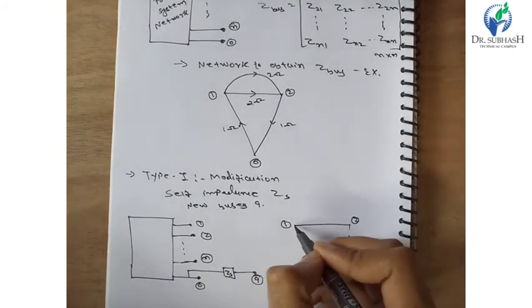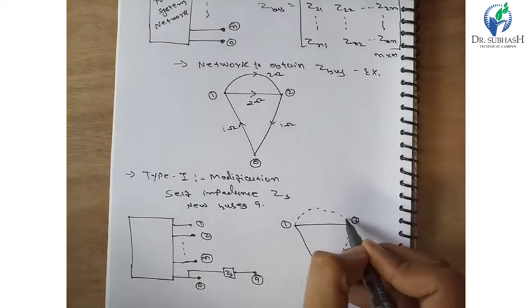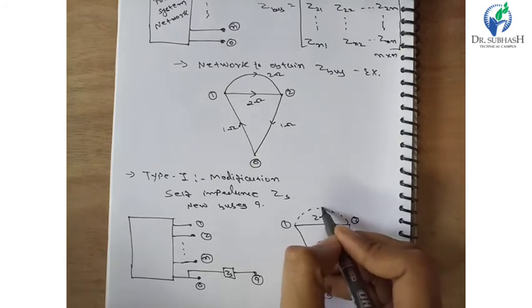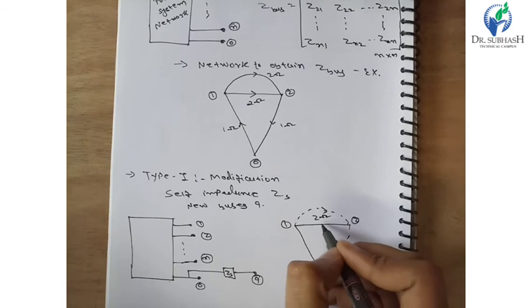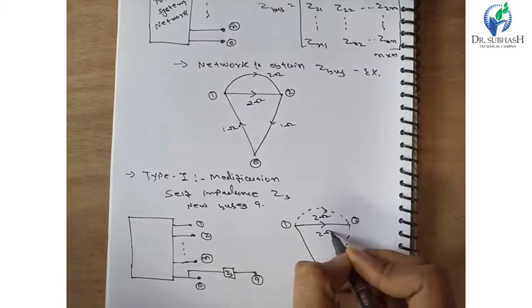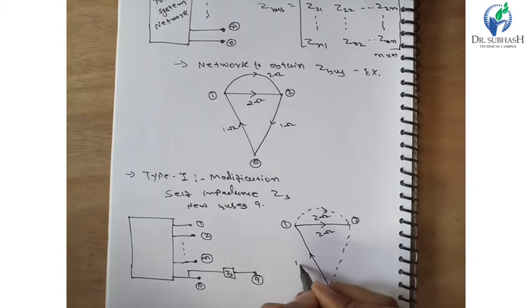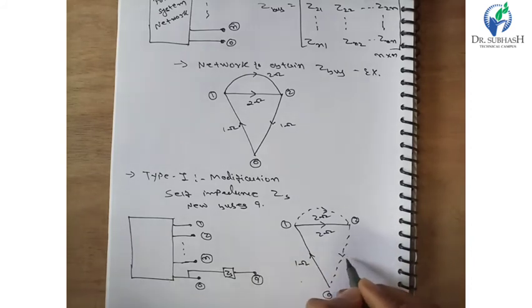There is also a dotted line between node 1 and node 2, with a value of 2 ohm. This value is also 2 ohm. This direction is here and the value is 1 ohm, and the direction is inverse for the other 1 ohm value.